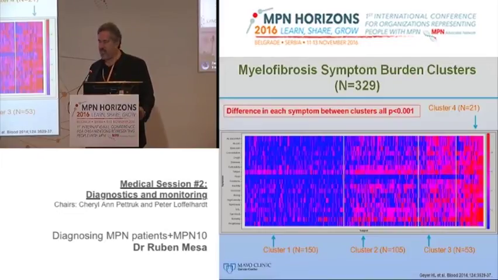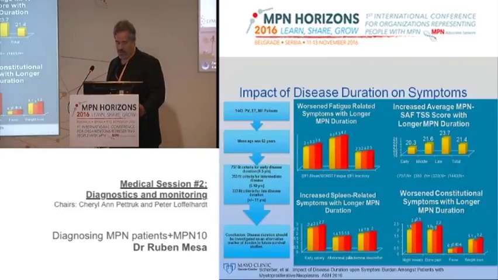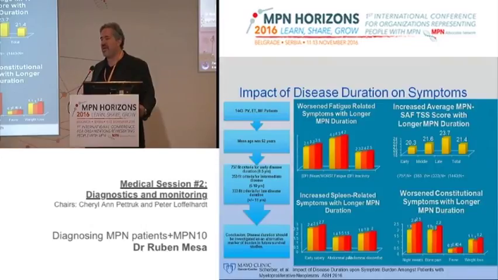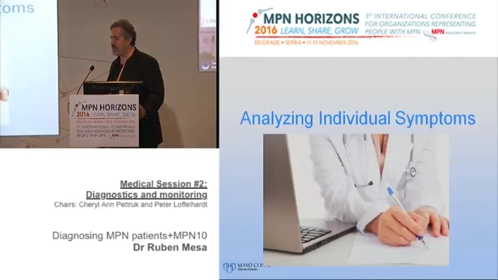We can see that there are certain symptoms that cluster. Certain symptoms go with other symptoms in groups. We could see that the duration of having an MPN has an impact on our symptom burden as well. The longer you have an MPN, it's an evolving chronic disease, and the symptoms can evolve along with it.